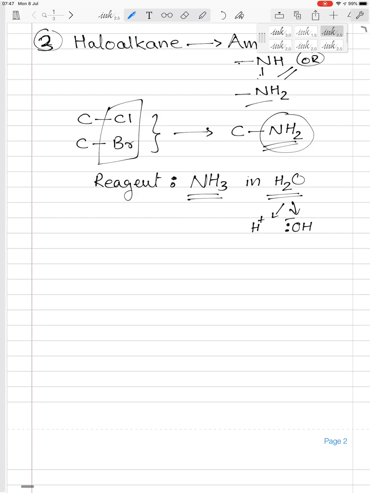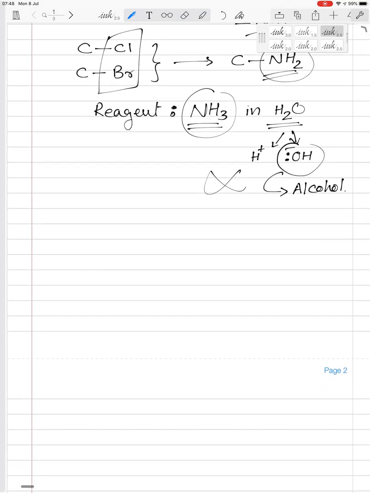So what do you think? This ammonia is going to act as a nucleophile, as well as the OH minus acting as a nucleophile. And as you already looked at the first mechanism, if the OH acts as a nucleophile, it is going to give alcohol as a product. Do we really want a mixture of products? I would say no.